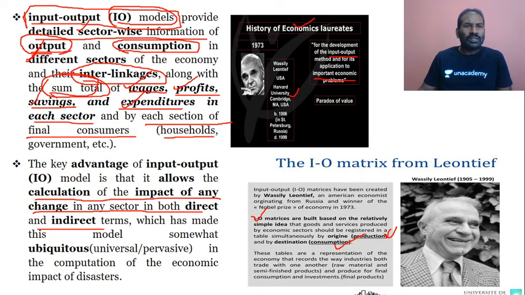And we have also looked at the interlinkages of input output models and how they link the different sectors, taking into consideration the wages, profits, savings and expenditure of each and every sector, and then directly impacting the end consumer, that is the household.